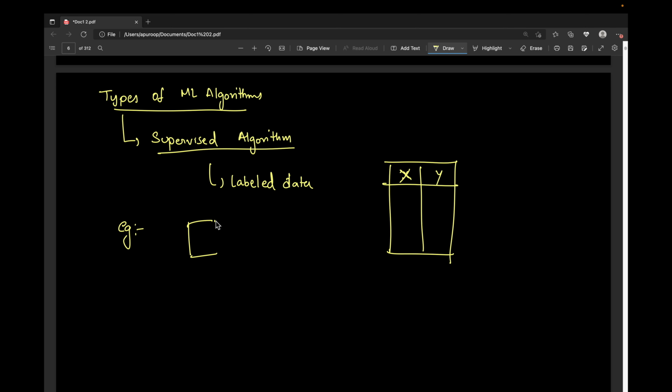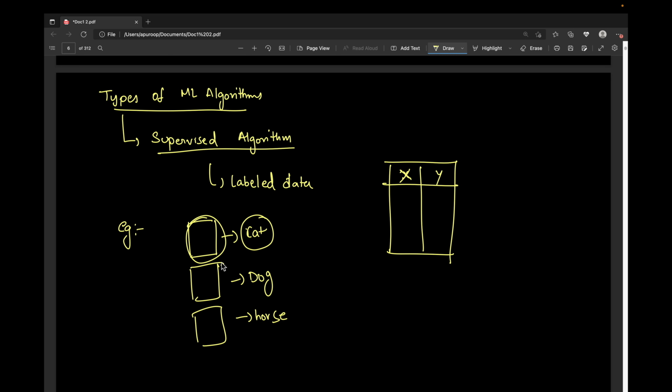Let's think of some examples in case of supervised learning. Let's say we have some input images of different animals: images of cat, images of dog, and images of horse. We'll train the model initially with these images. We'll say that this is our input image and the corresponding label will be cat, and this is our input image and the corresponding label will be dog.